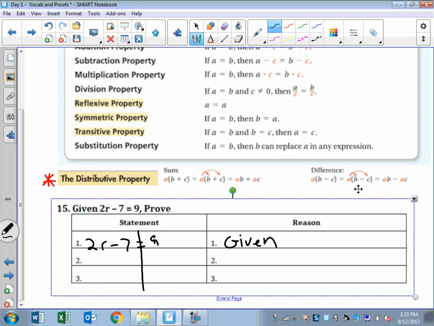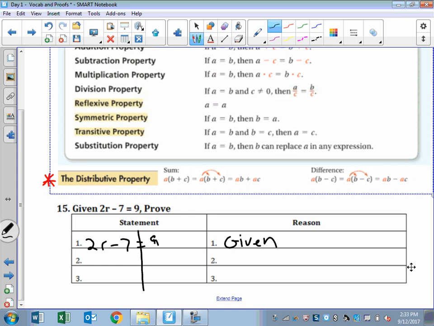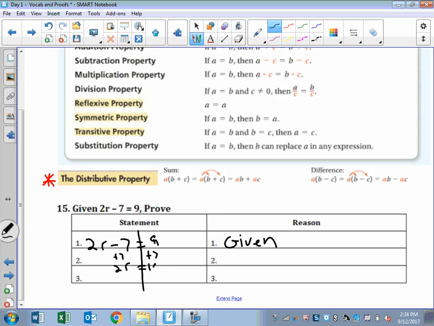So first thing we would do here is add 7 to both sides. And that would give us 2r equals 16. So step 2 is actually going to be that part, the 2r equals 16.